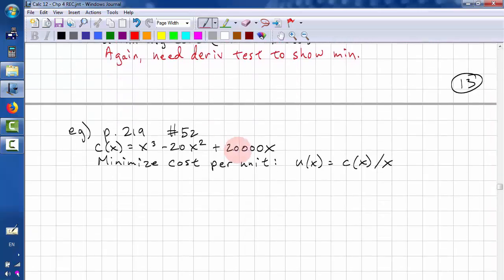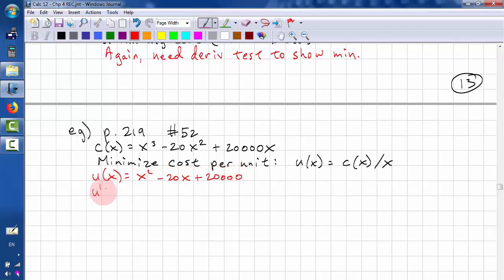Let's look at an example. Number 52. C(x) equals x cubed minus 20x squared plus 20,000x. Minimize the cost per unit, and this time we'll just assign a letter to this. U(x) equals C(x) over x. So U(x) equals x squared minus 20x plus 20,000.